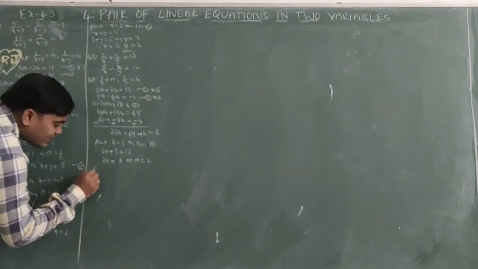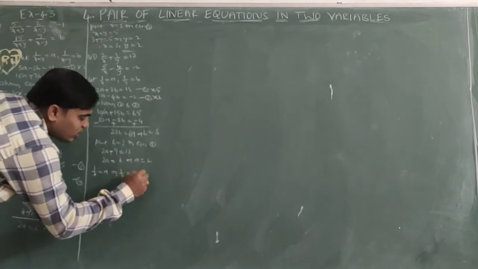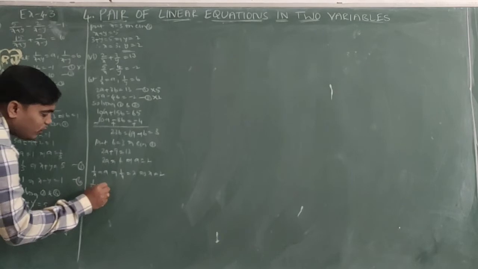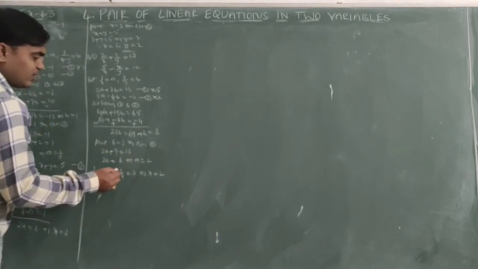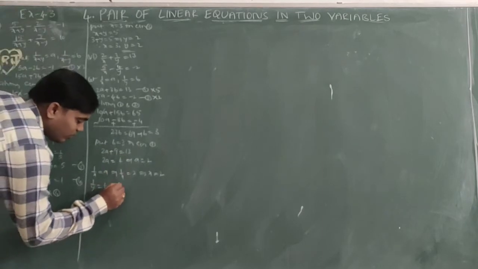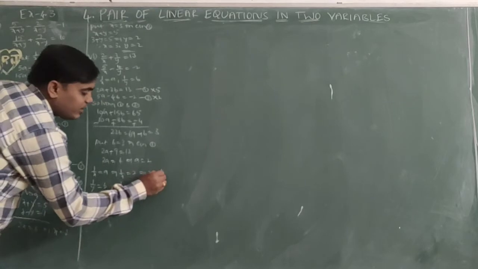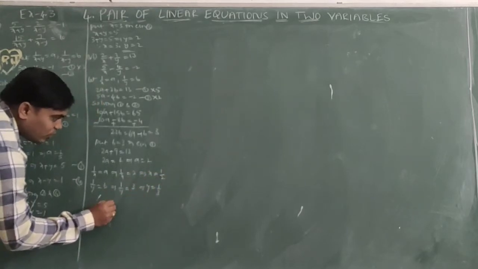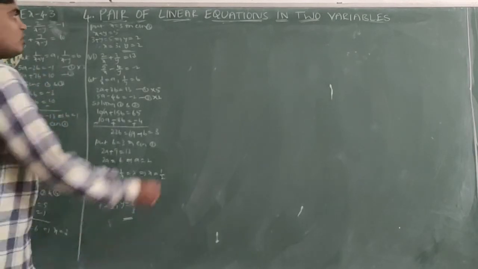So 1/x = a implies 1/x = 2, so x = 1/2. 1/y = b, b value is 3, so 1/y = 3, y = 1/3. Therefore x = 1/2, y = 1/3. So this is the required solution.